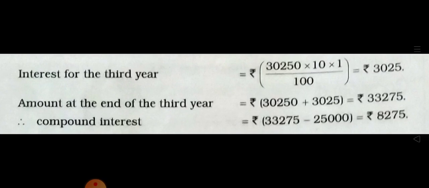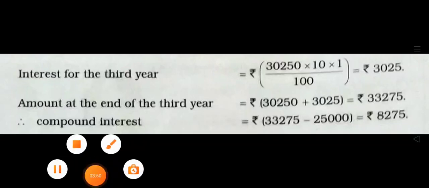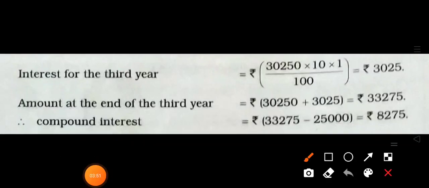The interest is 3025. So the amount at the end of the third year will be principal plus interest. So the principal was 30,250 plus interest was 3025. After adding it we get 33,275.